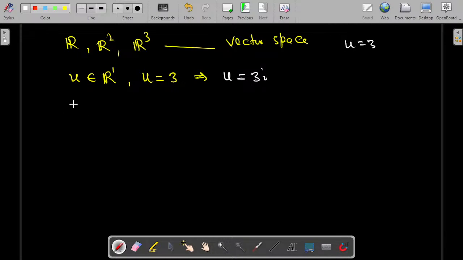If this same U is inside R2, mind you that U equal to 3 inside R2 is not the same thing as U equal to 3 inside R1. This one is going to be U equal to 3i plus 0j. So your 3 is the x component while your 0 is the y component.